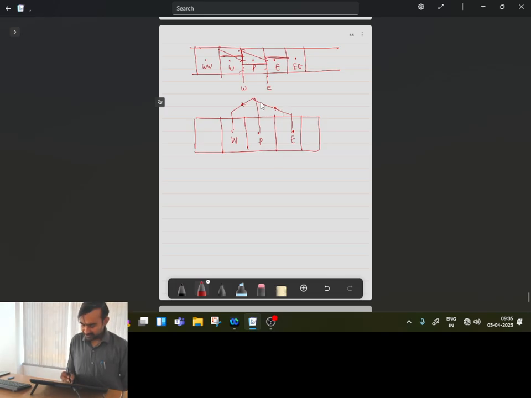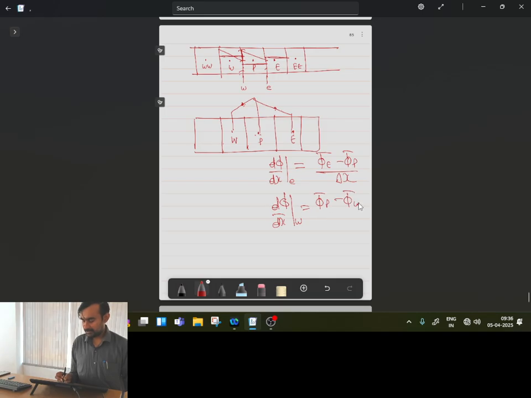Okay, so if I take this type of linear fitting between point P E and P W, then what will be value of d phi by dx at point E? It will be phi bar E minus phi bar P by delta x. Is this one clear? And likewise, d phi by dx at point W will be phi bar P minus phi bar W divided by delta x. All are clear with this point?